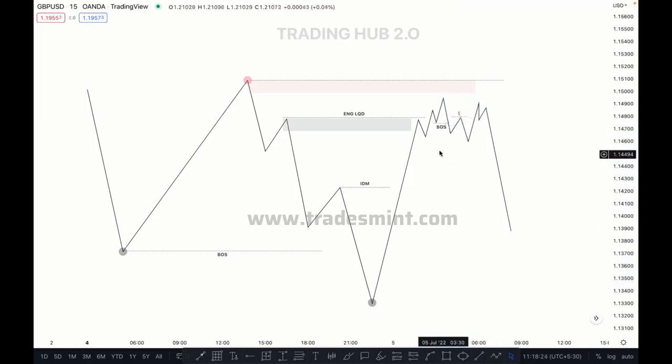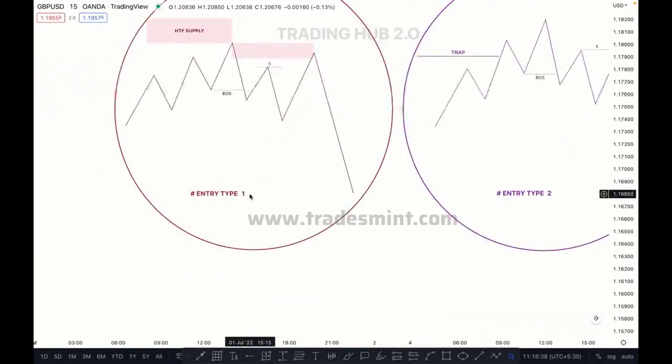Because you know the market took out the engineering liquidity. Our main purpose is taking out the engineering liquidity, not mitigating the zone, correct? If the market mitigates the zone, which is very good, then you have to apply entry type 1, okay, like this. The market took out the minor inducement and we can sell here, okay.